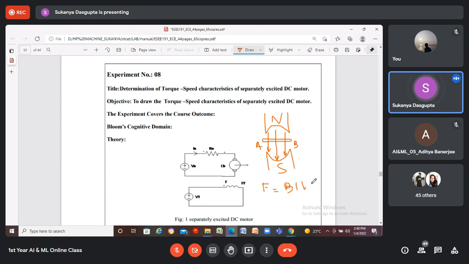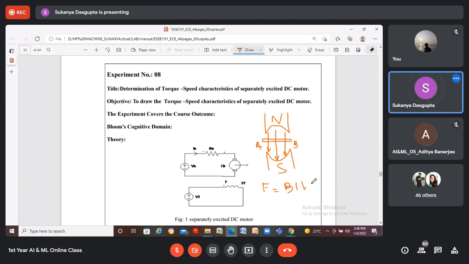Because depending upon the speed torque characteristic curve, we'll be able to understand how speed is varying with the variation of torque, because speed and torque are related with the motor output voltage, the armature current, as well as the field current.